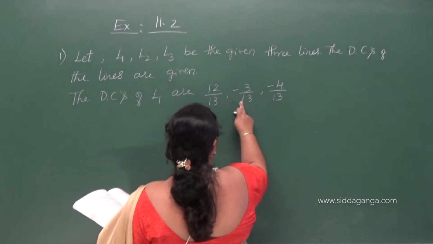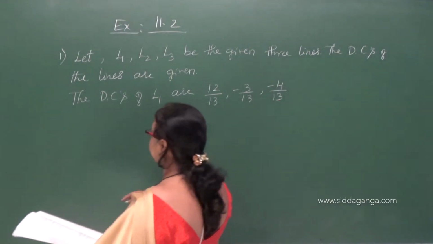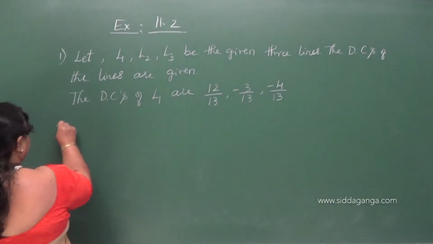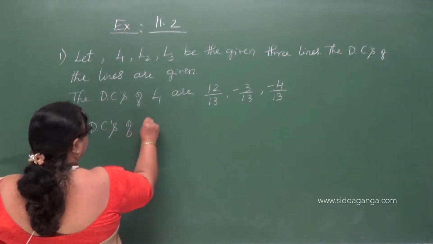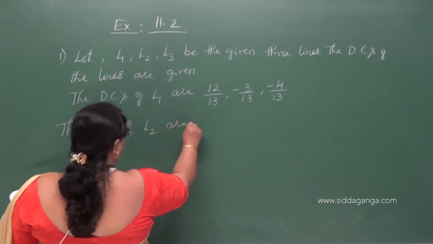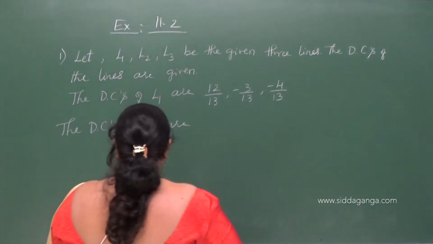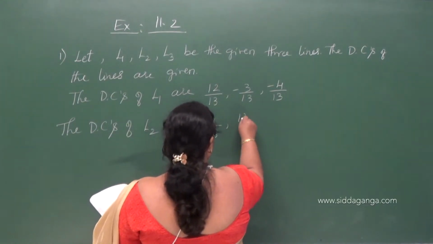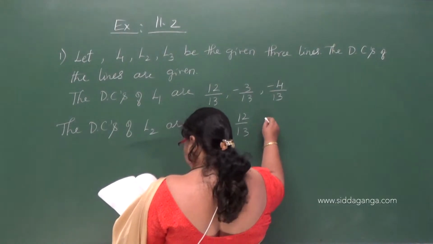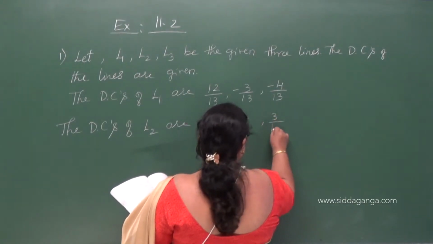Next, the direction cosines of L2 are given as 4 by 13, 12 by 13 and 3 by 13.